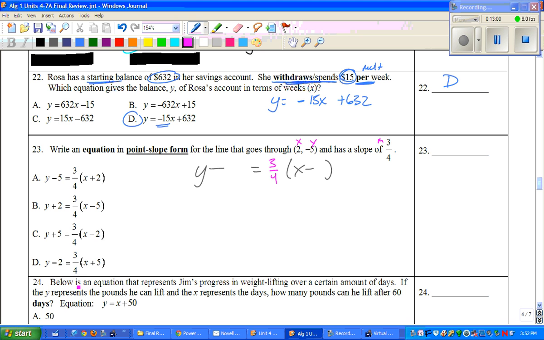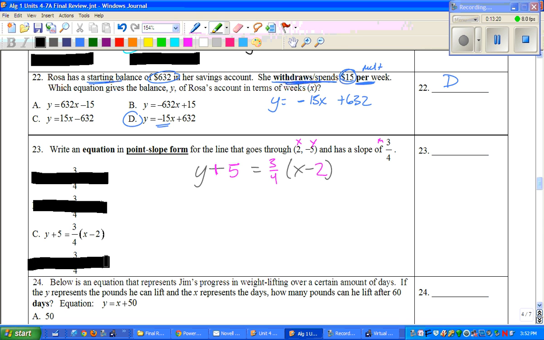All of these have the slope in the right spot, so we can't cancel those out. Now, the -5 comes here. Two negatives make a positive, and there's the x. So flipping through, that's negative. That's a 2. 2 doesn't go there. 5, okay, that could be it. Correct answer, C.